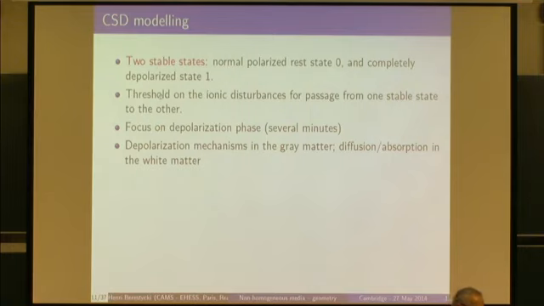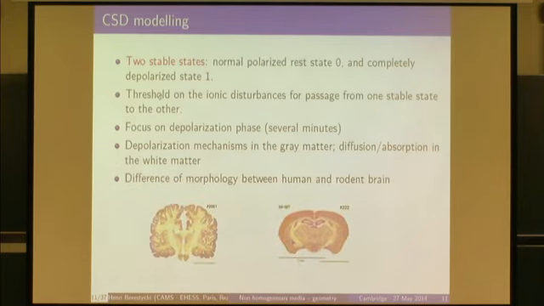And this depolarization takes place in the gray matter. And what is usually considered is that you have a kind of absorption or diffusion in the white matter, which surrounds it. So this is the situation. You have depolarization in the gray matter.